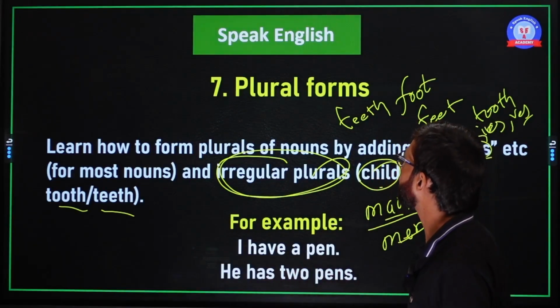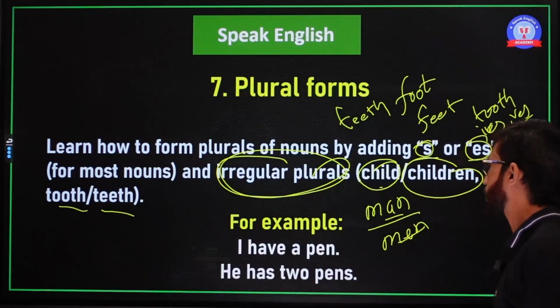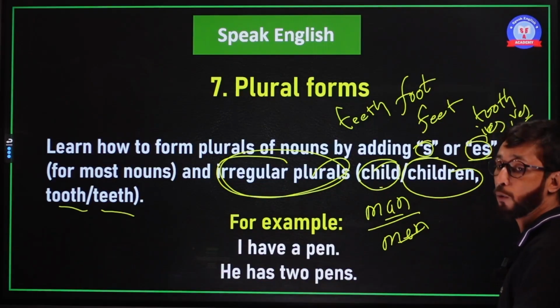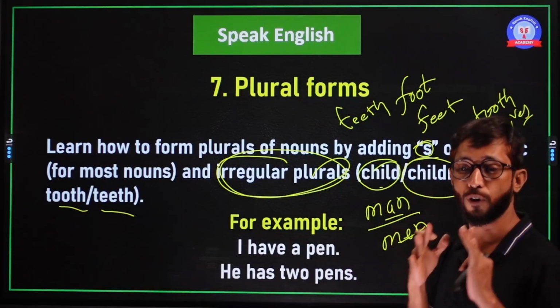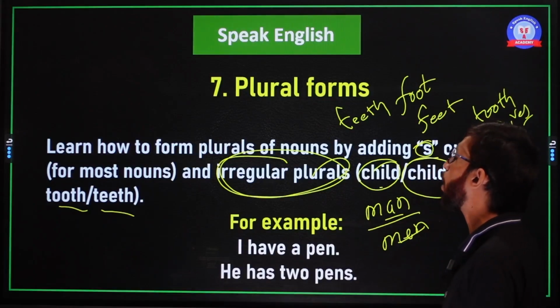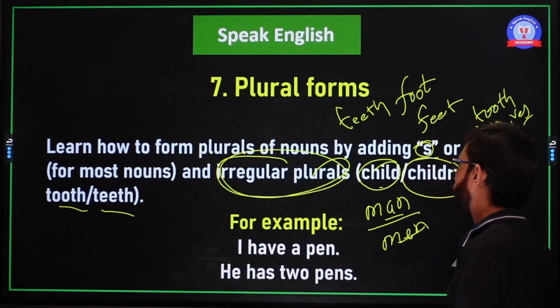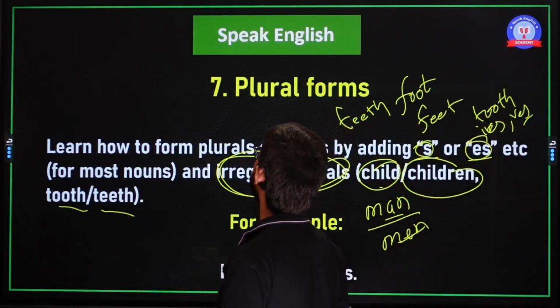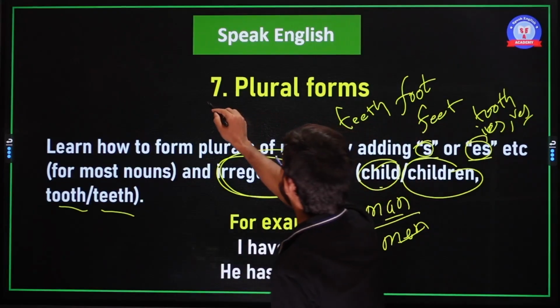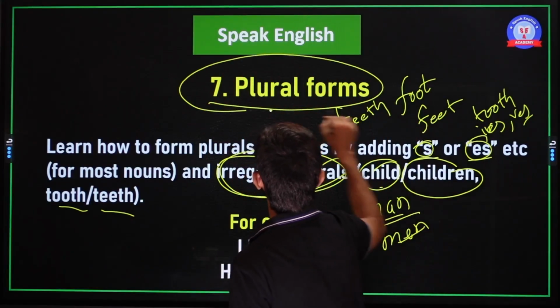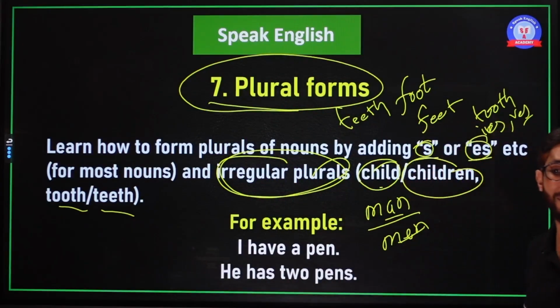So if we want to understand the differences between the plural and singular forms of nouns, we have to learn how the plural forms of nouns function, right? So that is the 7th most important grammar rule for beginners, right?